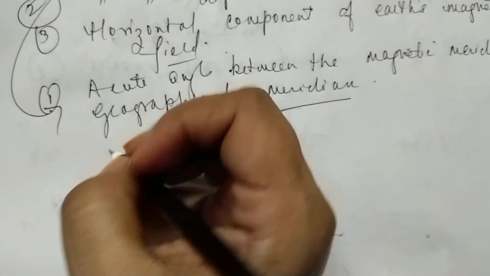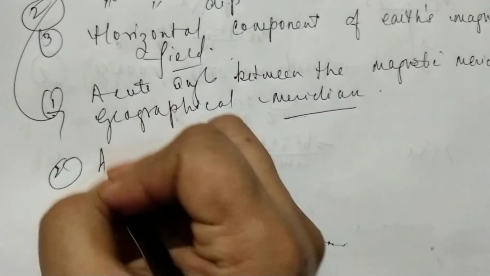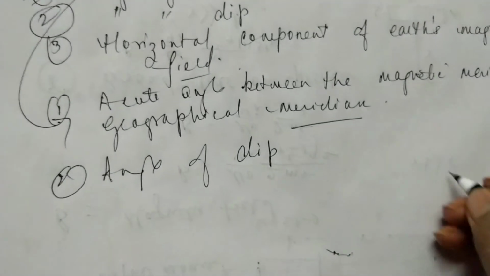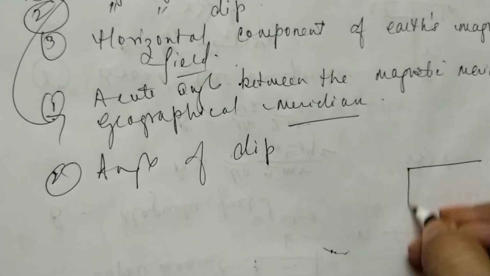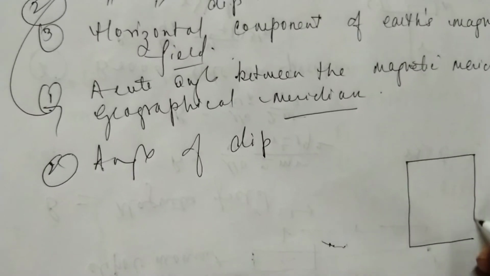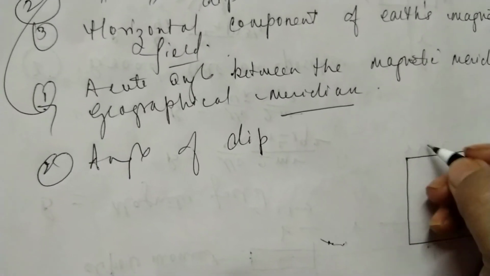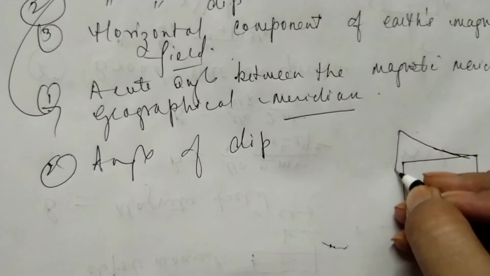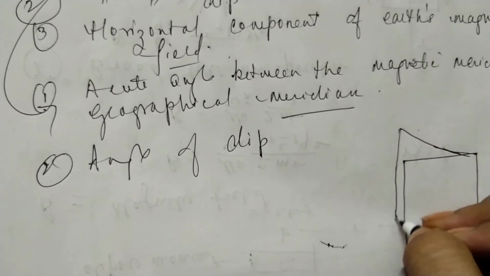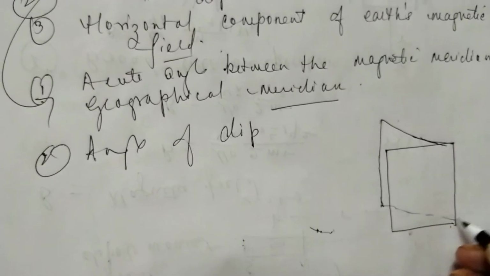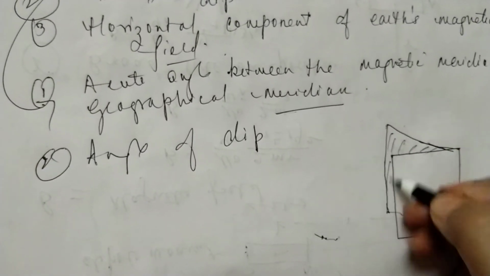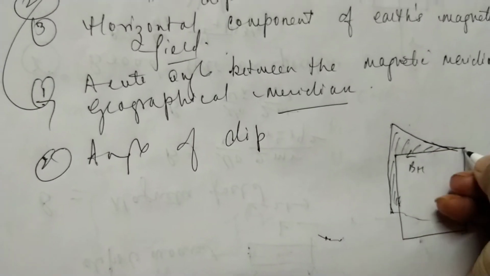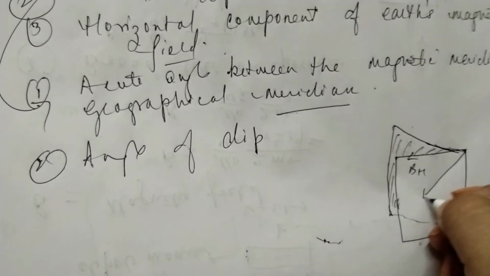Now what is the angle of dip? The second one is the angle of dip. Let us assume a situation here. This is the needle.